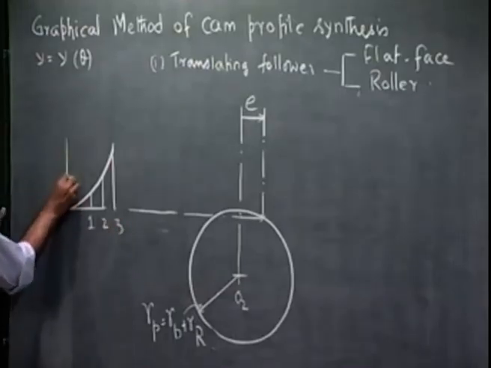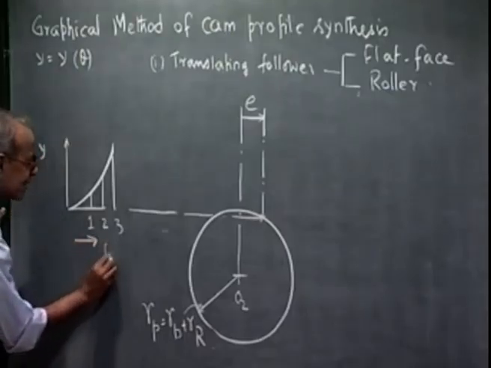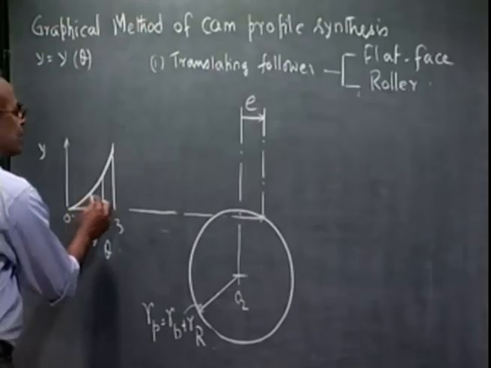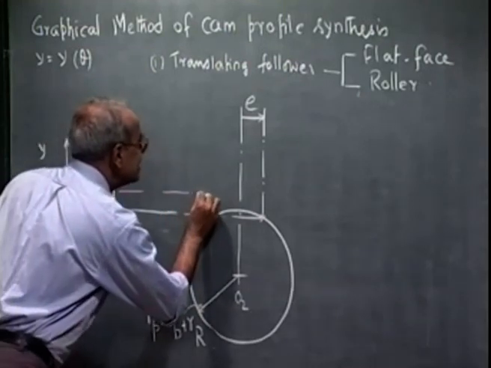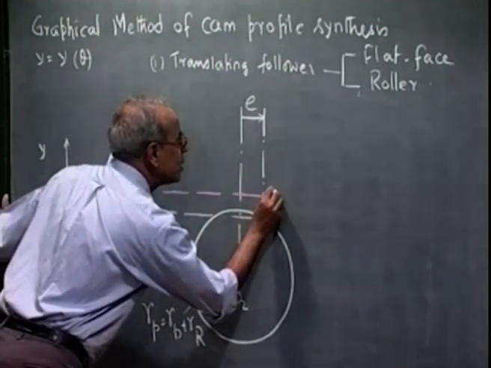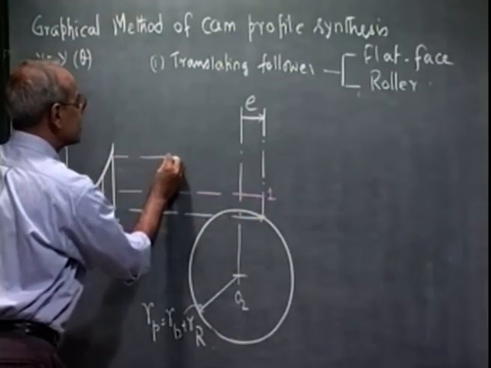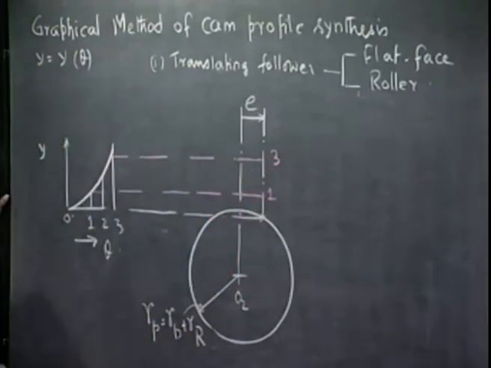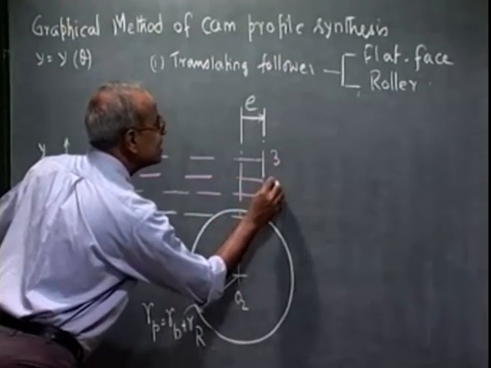This is the plot of y versus theta. This is 0. Now I know that corresponding to station point 1, the trace point should be here. Similarly, for station point 3, the trace point should be here, and for 2, the station point is here.